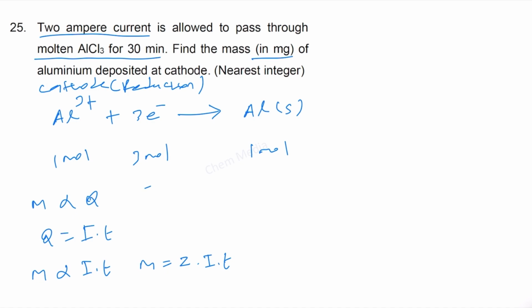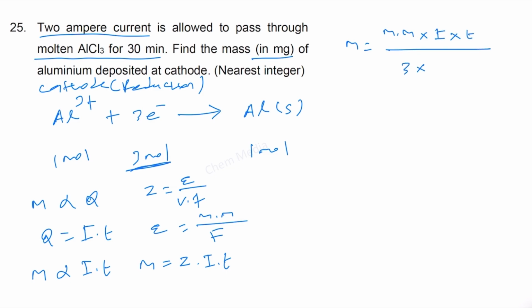Now, Z is equal to equivalent mass divided by Faraday constant. Valency factor in this case is 3 and equivalent mass is equal to molar mass divided by valency factor. Therefore, mass is equal to molar mass times current times time divided by valency factor times Faraday constant.